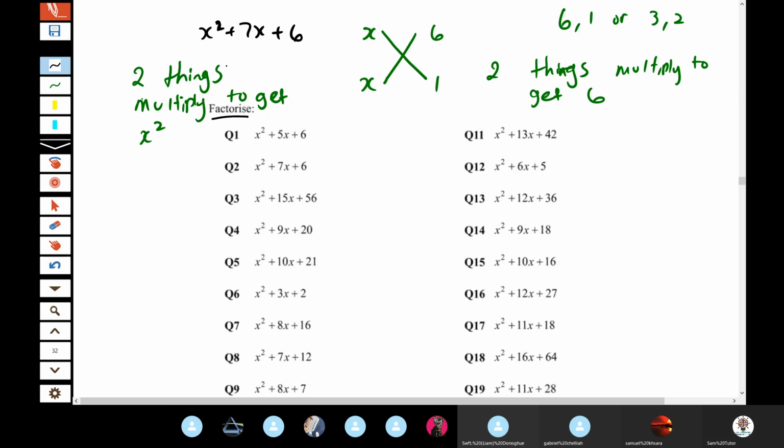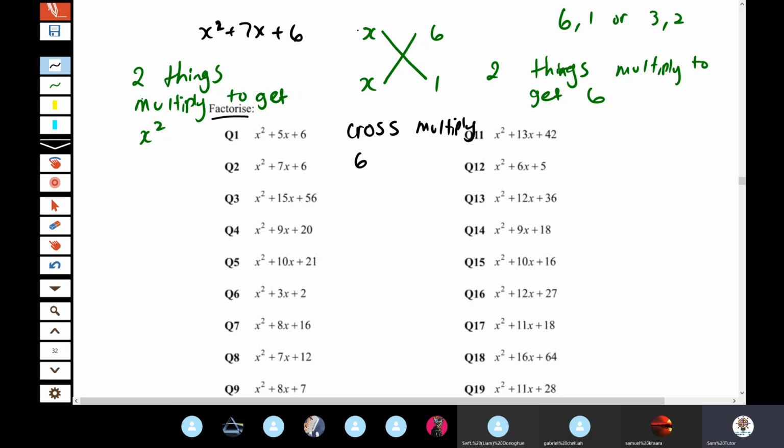Now, okay, wait, I'm going to pause there. Any questions at this stage? So 2 things that multiply to get x squared, x and x. 2 things that multiply to get 6, we would say 6 and 1, or 3 and 2, which I'll get back to in a second. Then, what we're going to do, this is the tricky bit. You're going to cross multiply. So that means 6 with 1 is technically just 6x, but we're not looking at the x's, so that's just 6.